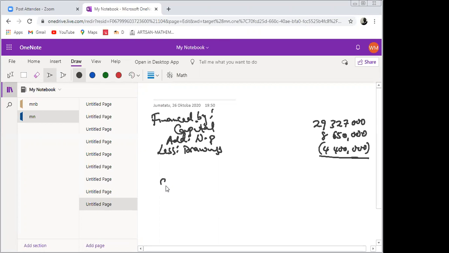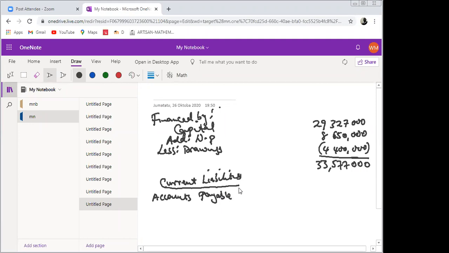Yes, tell me. Do you have the figure? 33,577,000. So, the current liabilities, we have the accounts payable.